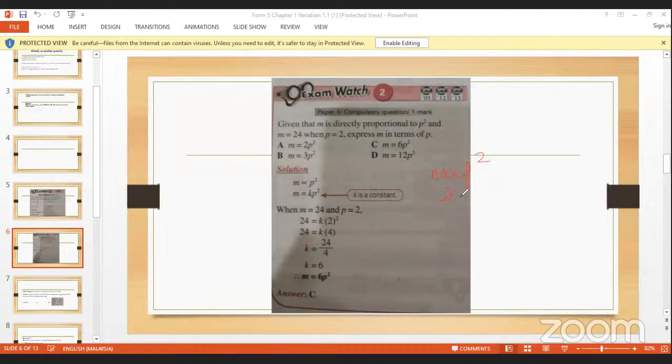M equals 24 when p equals 2, so k times 2 squared, which is 4, so it's 4k. 24 equals 4k, so 24 divided by 4 will be 6. K equals 6. So m equals kp squared, and k equals 6, so it will be 6p squared. The answer will be C.